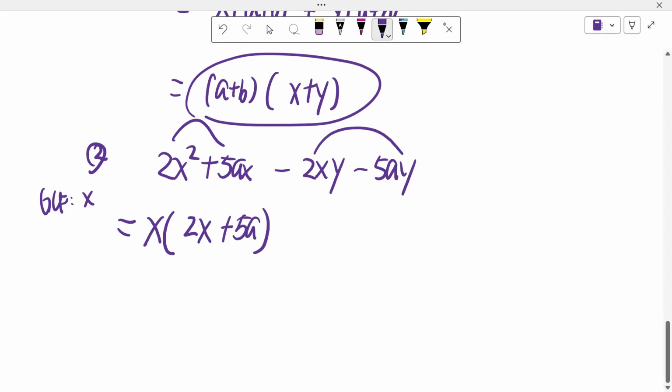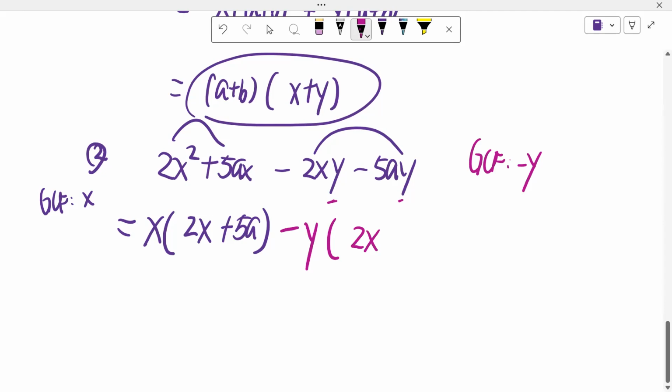And then the remaining two terms, again, the GCF here is going to be just y. The common factor is just one. But we can factor minus y, right? Because both of them are negative. So we're going to factor by negative y. And we get 2x remains.